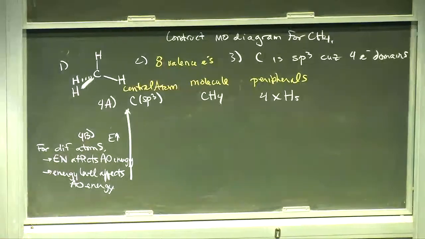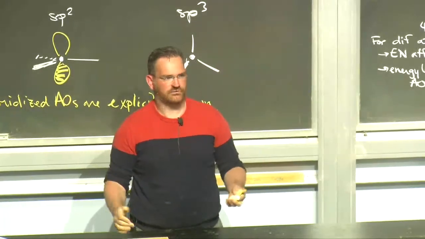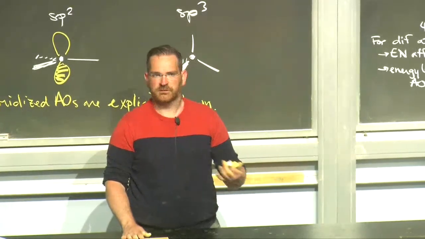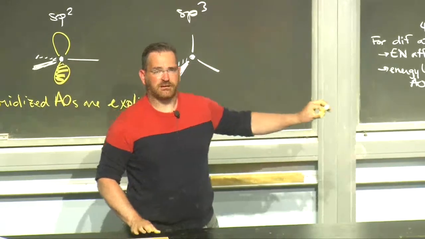Energy level, I think you can understand pretty well. Up or down, the lower the energy level, the lower the energy should be. 1 should be lower than 2. The caveat to that is that electronegativity does matter.